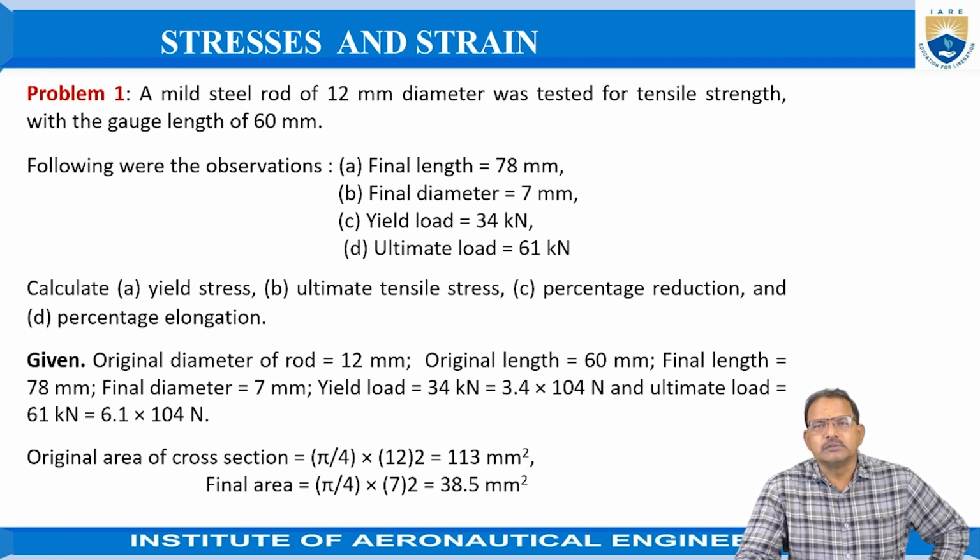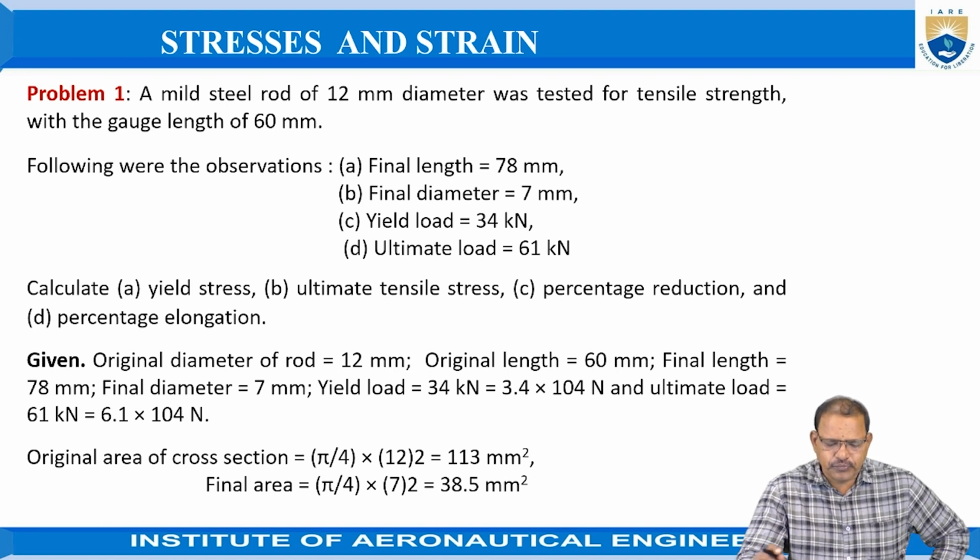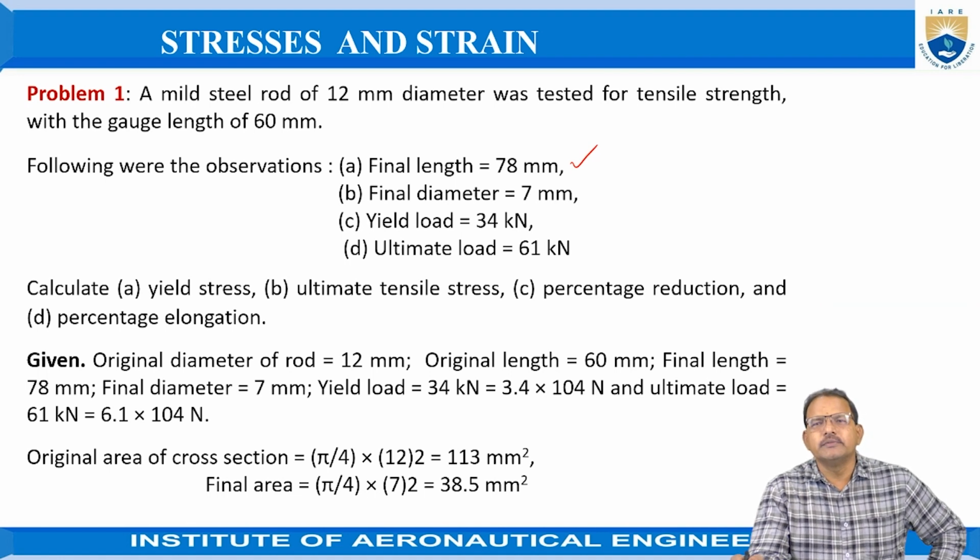Here are the related problems. Problem one: a mild steel rod of 12 mm diameter was tested for tensile strength with a gauge length of 60 mm. Following were the observations. The final length is 78 mm. The gauge length is treated as the initial length of the specimen before applying the load.